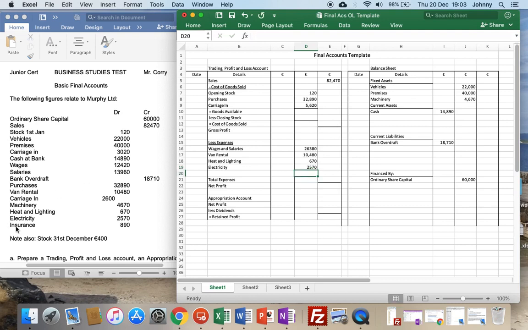And then we have insurance finally of 890. That's again another expense. Now at this stage we have to put in our closing stock. So that closing stock is already listed here, 400, and then it's also a current asset.